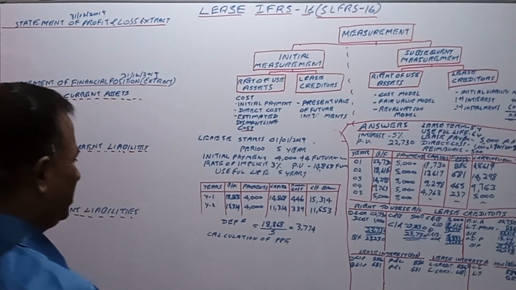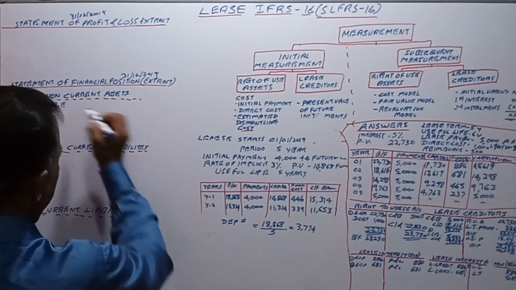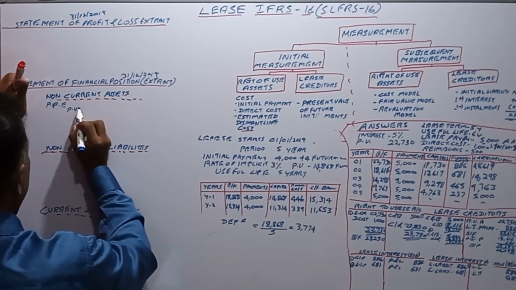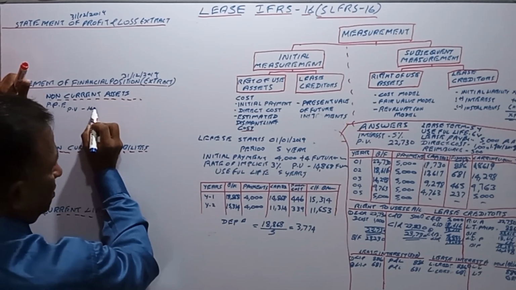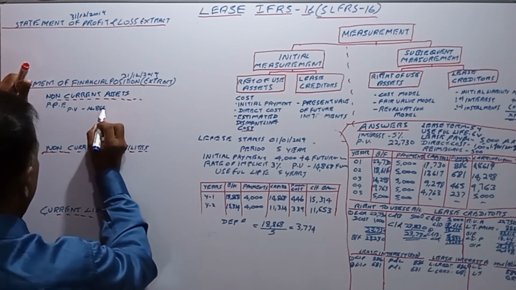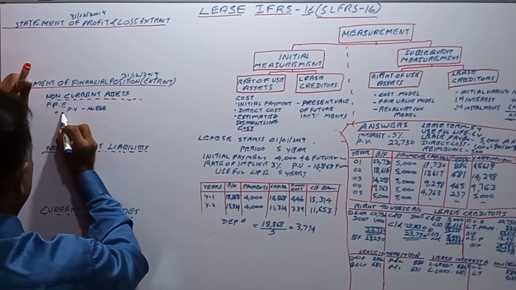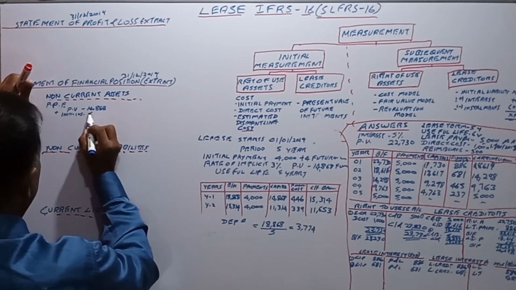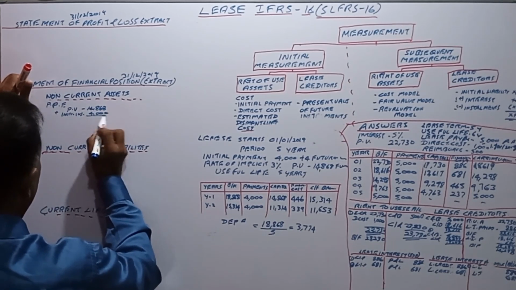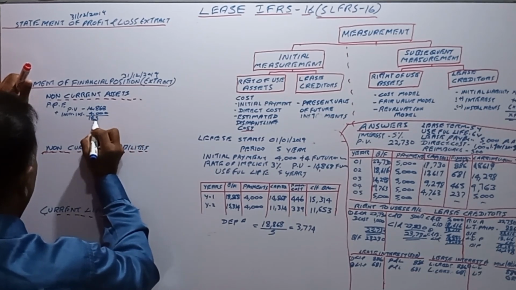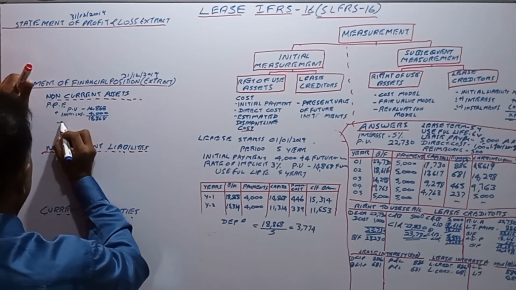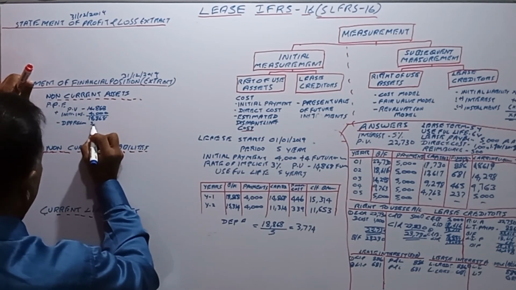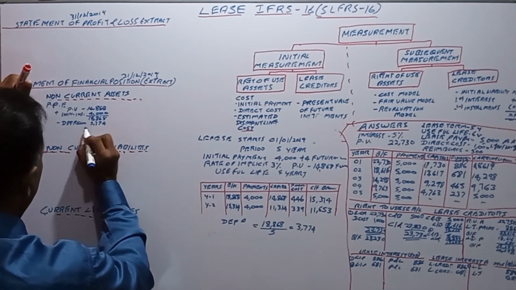We don't need to do a separate calculation because it is not final accounts, so here itself I will show it. The present value is 14,868 plus the initial installment of 4,000, which gives 18,868, minus depreciation of 3,774.